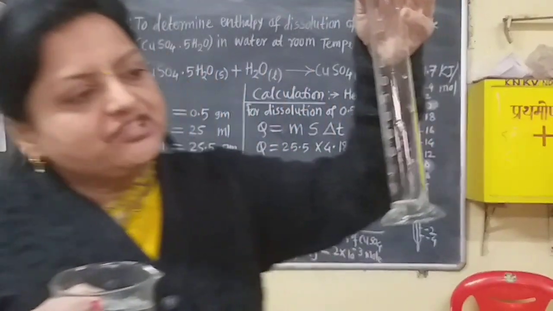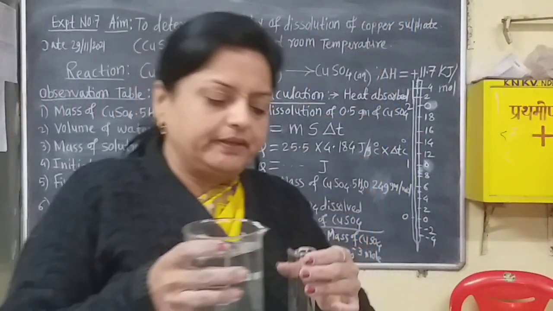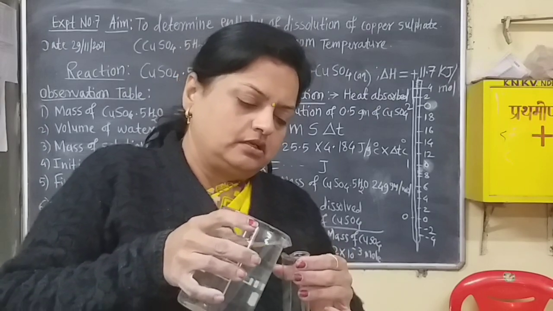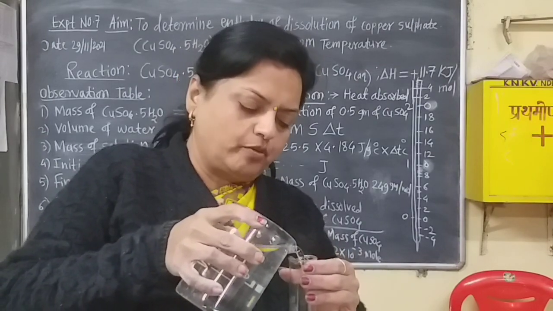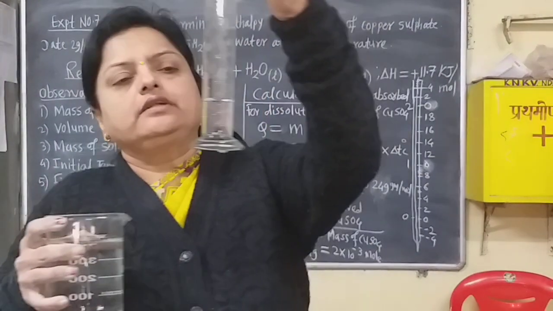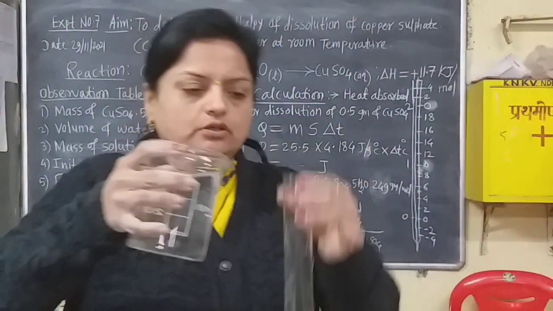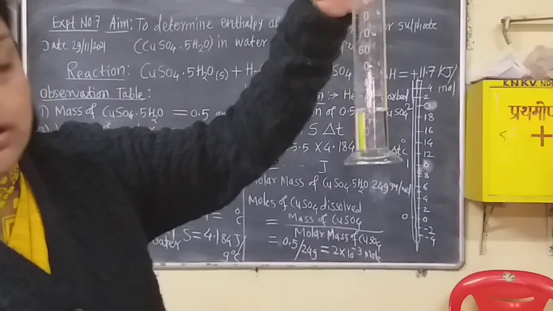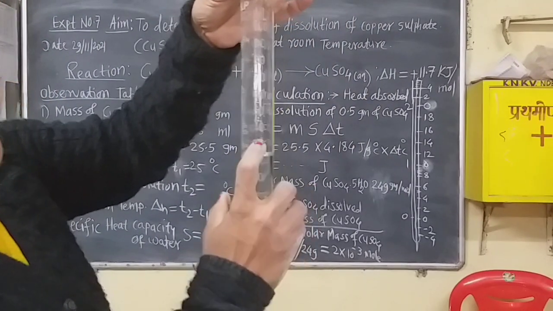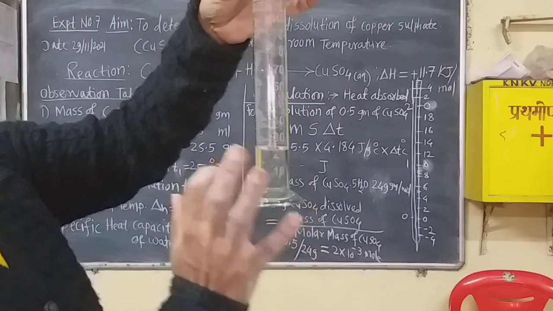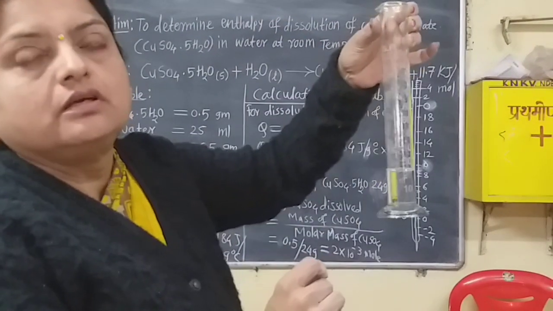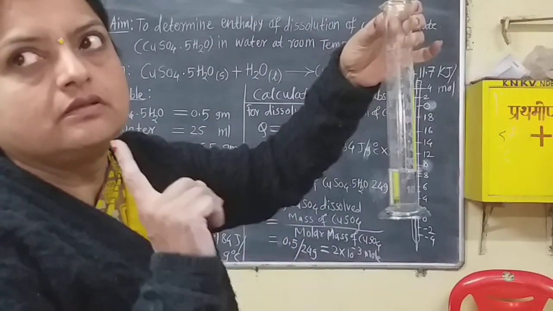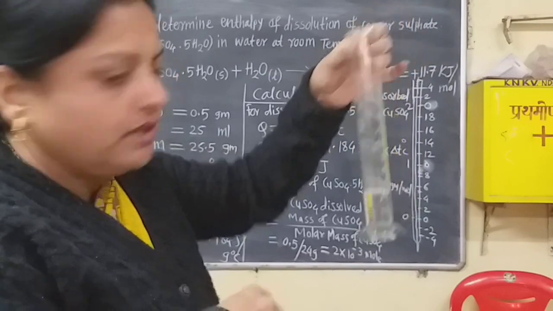There are 10 calibration lines. The fifth line is of 25. So above 20, I take the solution. Only 1 drop is required. In between 20 and 30, the fifth line is of the 25 ml.